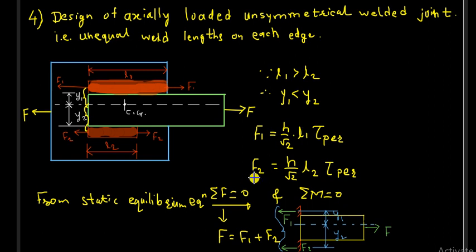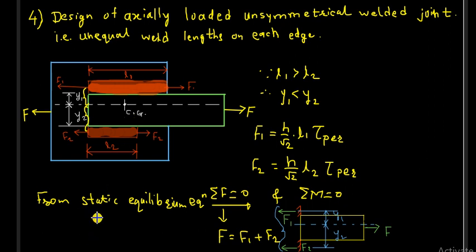Alright, similarly we will get F2 for the weld bead of length L2, and we will use the formulas for static equilibrium, because you know that this complete weld system or both the plates is under a static loading condition, no dynamic loading condition is there.